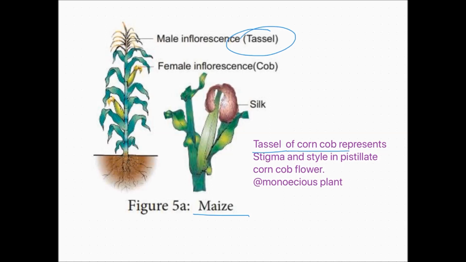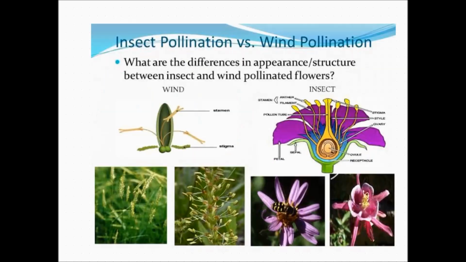Tassel of corn cob represents stigma and style in the pistillate corn cob flower. As maize is a monoecious plant, that means both male and female flowers develop on the same plant. So tassel represents stigma and style in the pistillate flower. You can see the anthers are well exposed to the wind and the stigma is feathery.